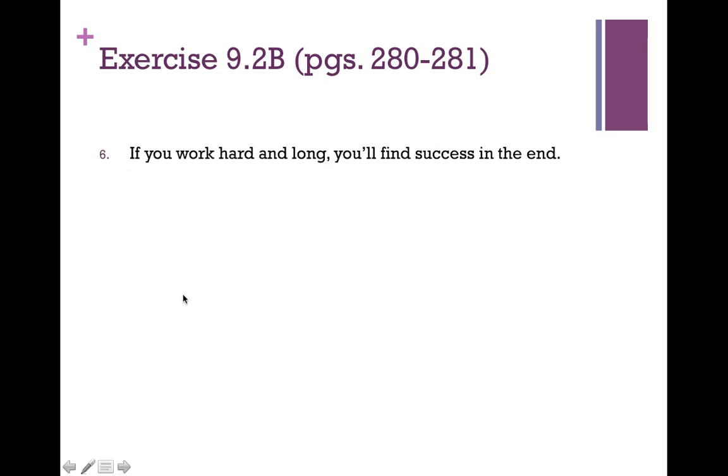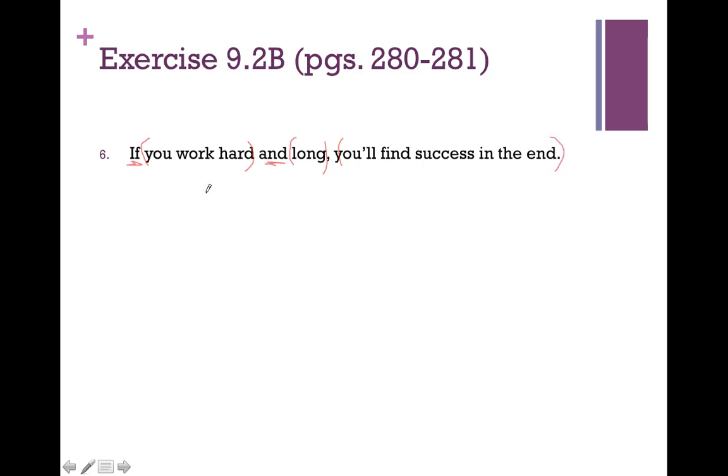Number 6, I'm getting into some slightly more difficult ones here. If you work hard and long, you'll find success in the end. Now notice we have a lot of connectives going on. We have if, we also have and, which is a connective. So we have a couple of different component propositions. We have you work hard and you work long, then you'll find success in the end.